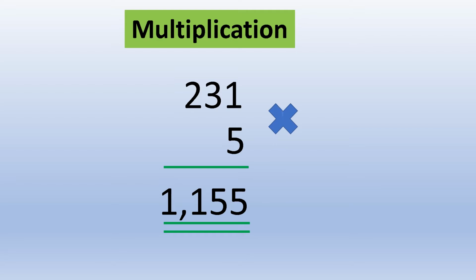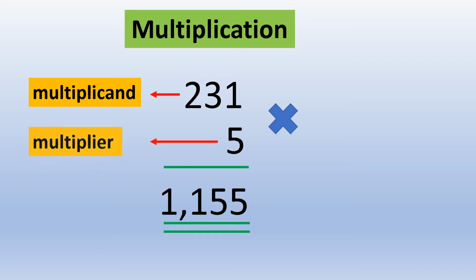The first number is called the multiplicand. The multiplicand is the number to be multiplied. The second number is called the multiplier. The multiplier is the number by which another number, which is the multiplicand, is multiplied.